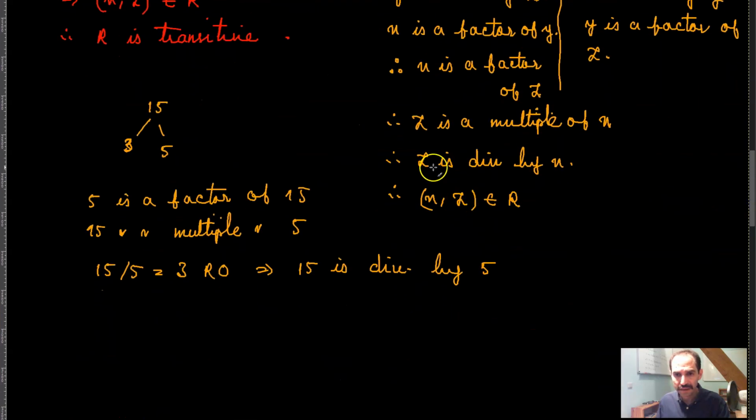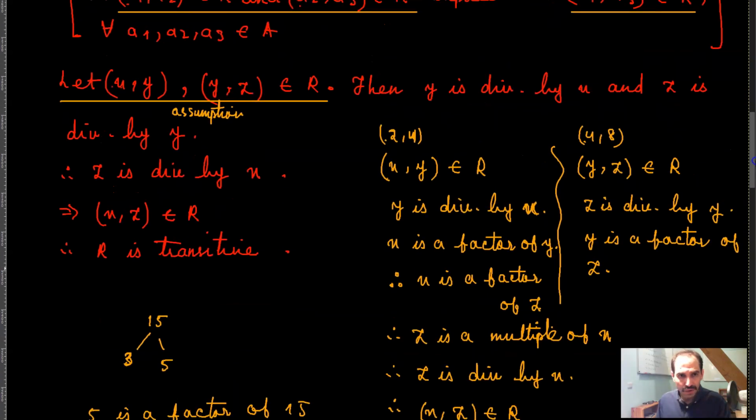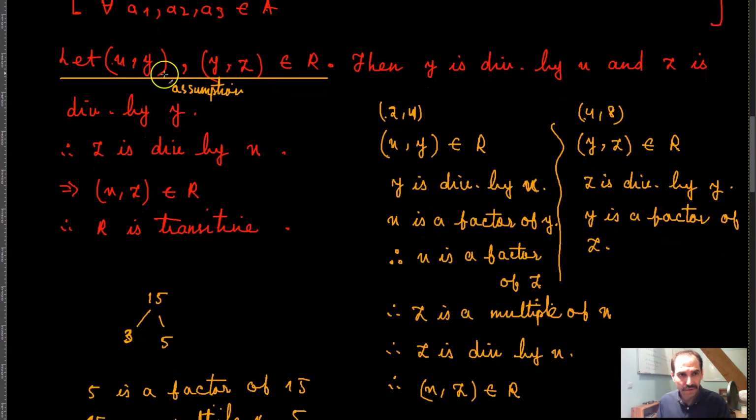So over here, z is divisible by x, so the second number is divisible by the first number. So then here you can show that x comma z belongs to R, right? So over here we have assumed that x comma y and y comma z belong to R, and then we have showed that basically x comma z does actually belong to R, which means that R is transitive, right?